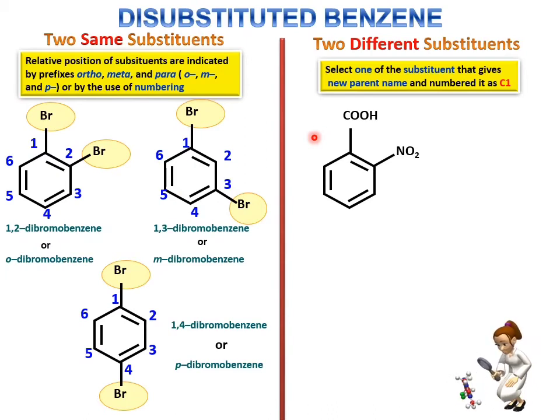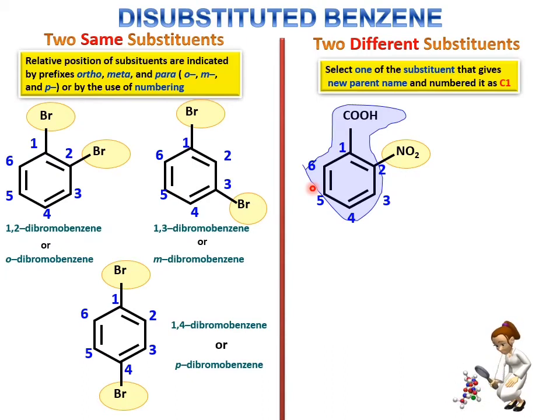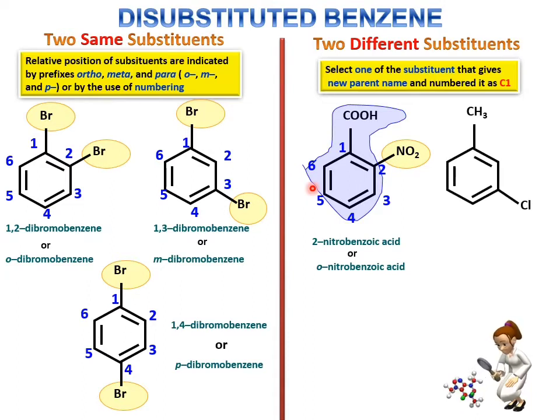Boleh nampak tak? Dan kita akan letak dekat carbon sini adalah carbon number 1. Okay, so our parent is benzoic acid. Nampak tak yang saya birukan tu? Okay, so nama dia adalah 2-nitrobenzoic acid. Or you can write as orthonitrobenzoic acid. Clear, guys? Very simple.